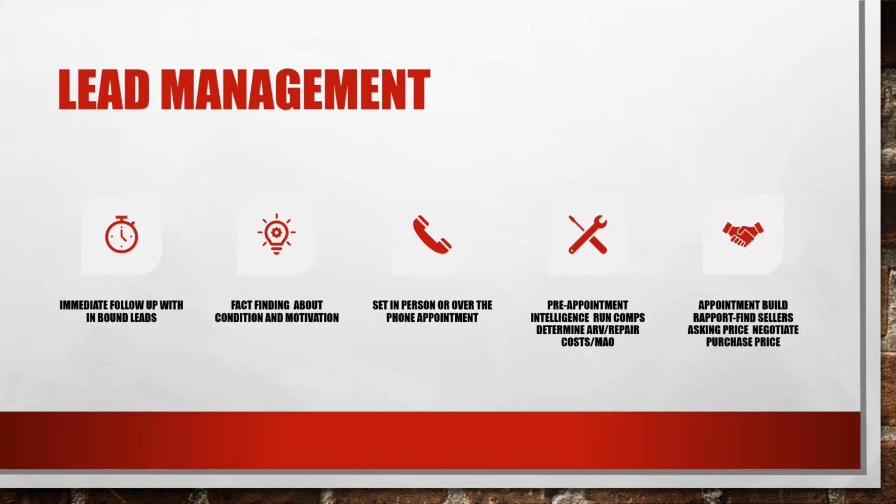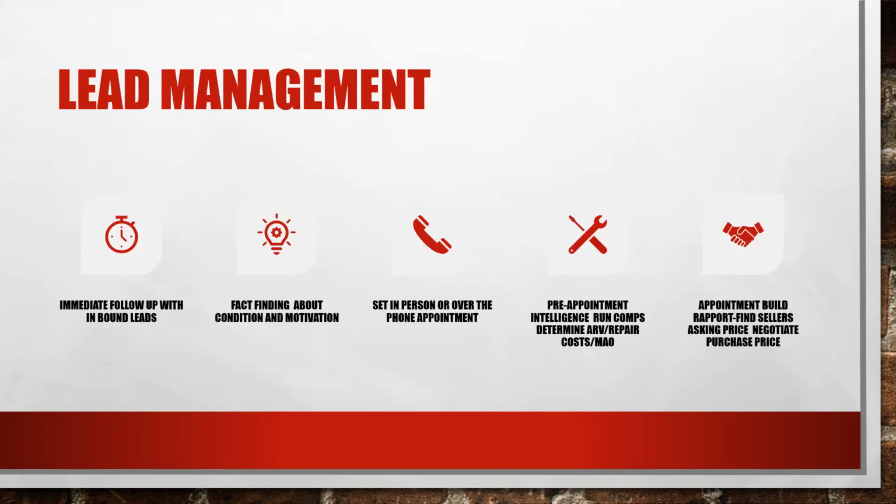And prior to that appointment, you're going to want to perform what I like to call pre-appointment intelligence, which is simply put just running comps, determining the ARV, which is the after repair value, determining any potential repair costs that you might be able to come up with through an estimate based on what the seller has told you on the phone. And then you're going to want to determine your maximum allowable offer.